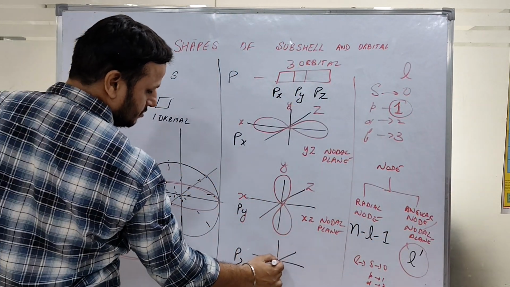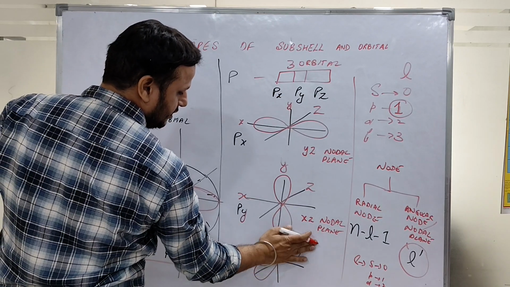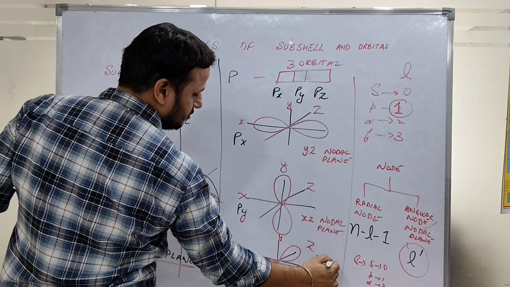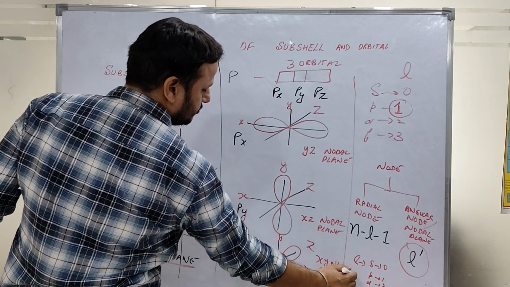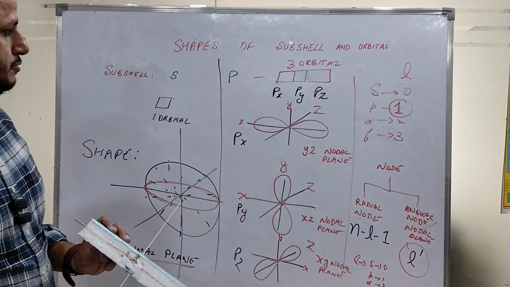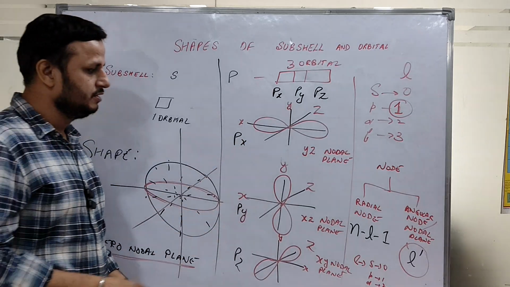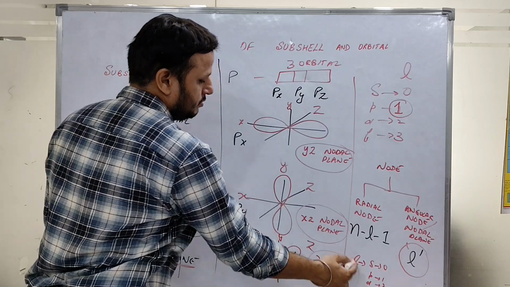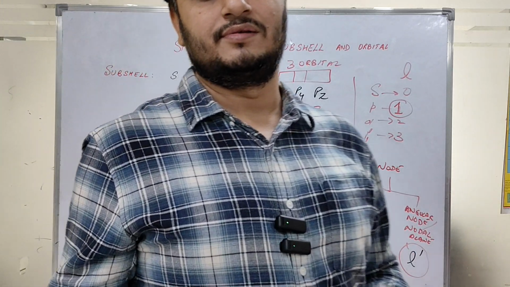So for pz, the dumbbell lies along the z-axis, and xy becomes the nodal plane. So the P subshell has 3 orbitals Px, Py, Pz, and these are the nodal planes of the P subshell.